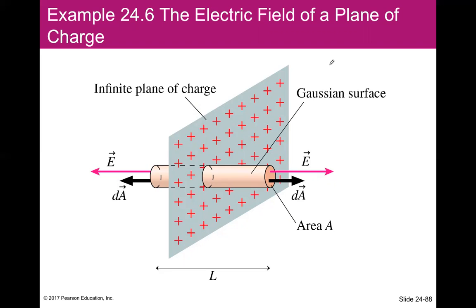It should be perpendicular to the plane, or the normal direction of the plane. So on the surface above, you have field lines going up, and at the surface below, you have field lines going down. So that's the direction of E. In this example, you have E perpendicular to the plane going to the left and right.